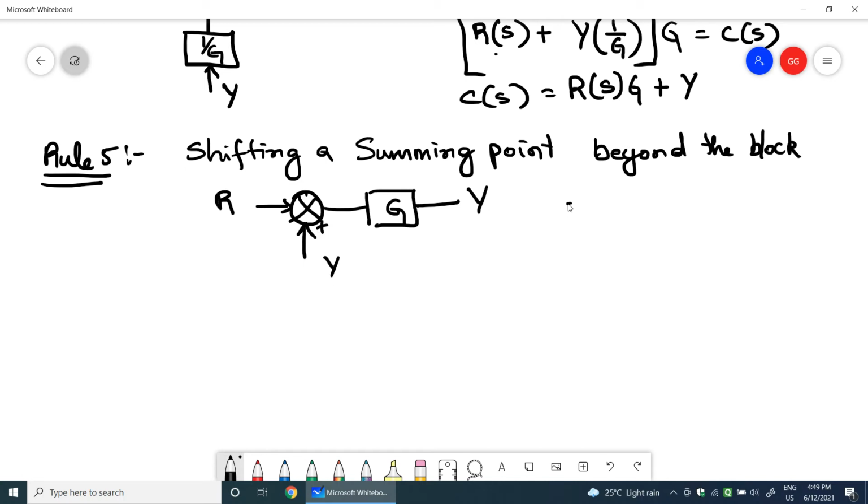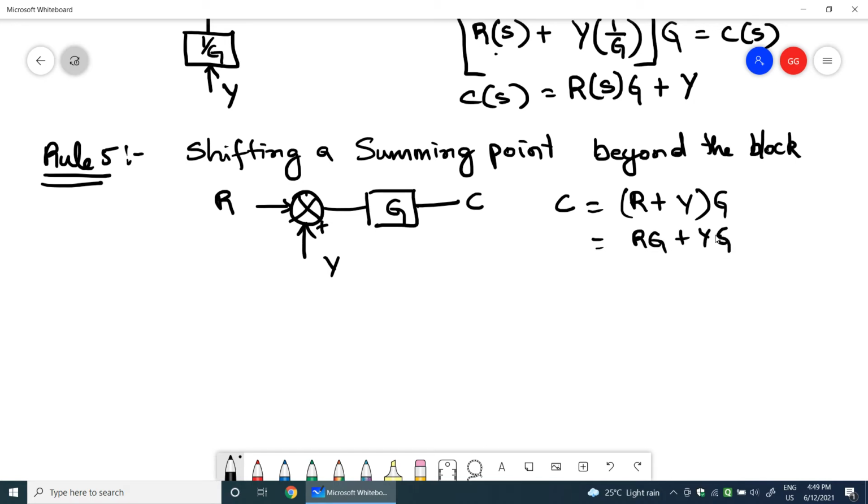So what is this expression? It is not Y, it is C of S. Let me say it is C. Now what is C equal to? C is equal to R plus Y into G, which is RG plus YG.